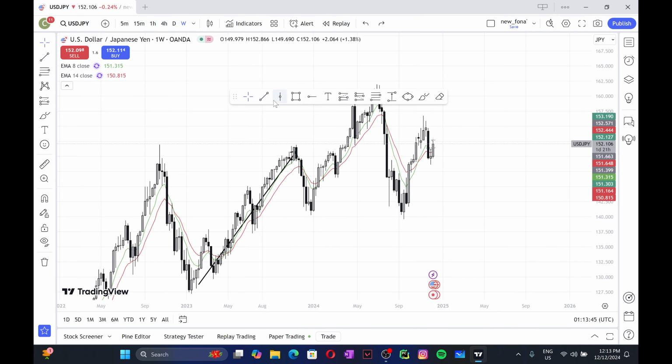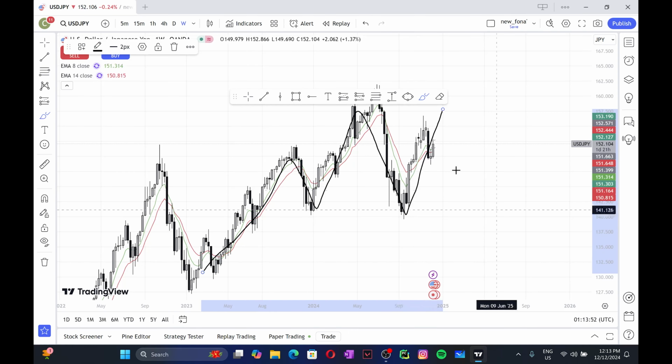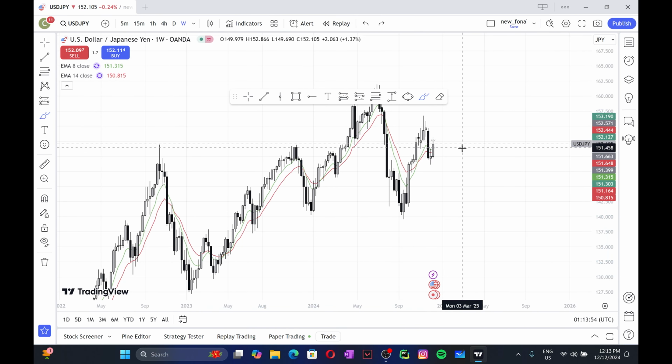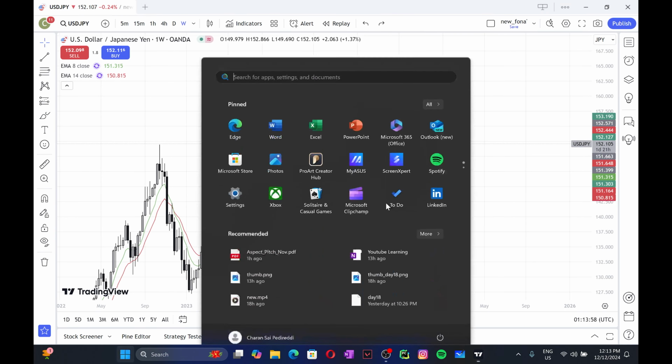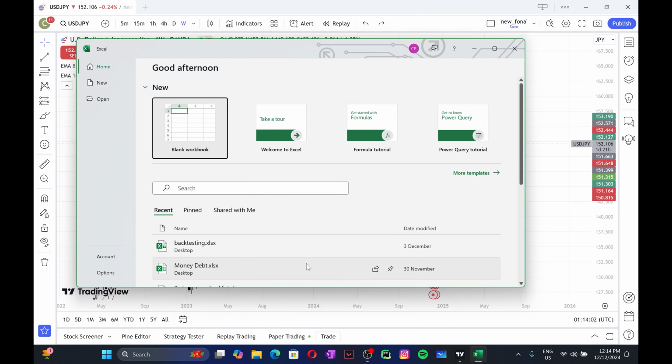I can actually use a pencil instead. So it's going up, that is an uptrend, and so I believe that it is bullish in the weekly time frame. So I'm gonna open the Excel sheet.